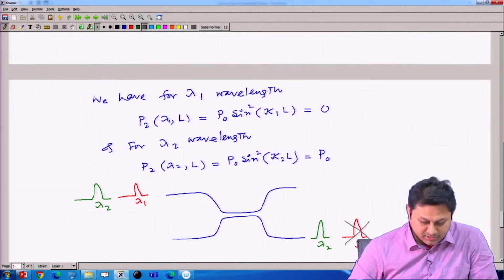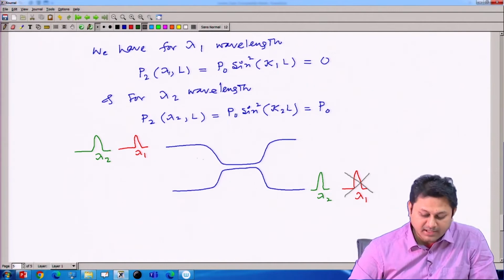I put the equation which is the same. In one case I have lambda 1, in one case I have lambda 2, and in the other case the equation is the same, but I do not have lambda 1. This equation is for lambda 1 and this equation is for lambda 2.